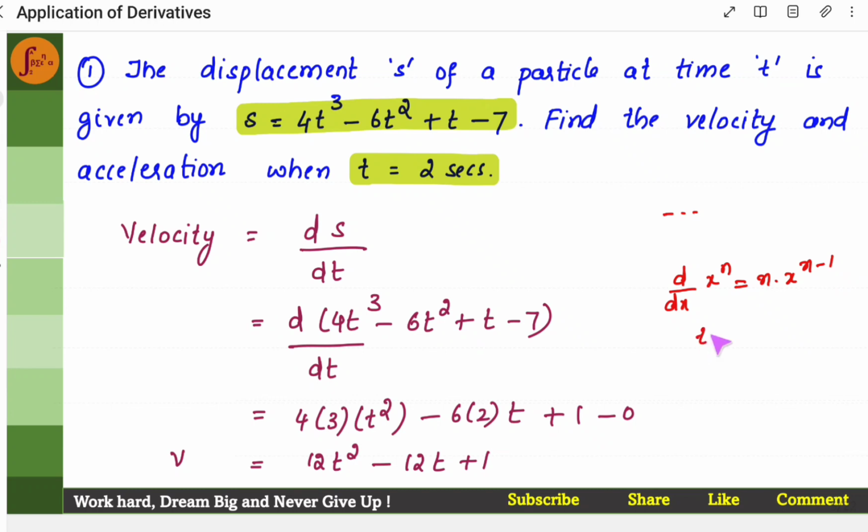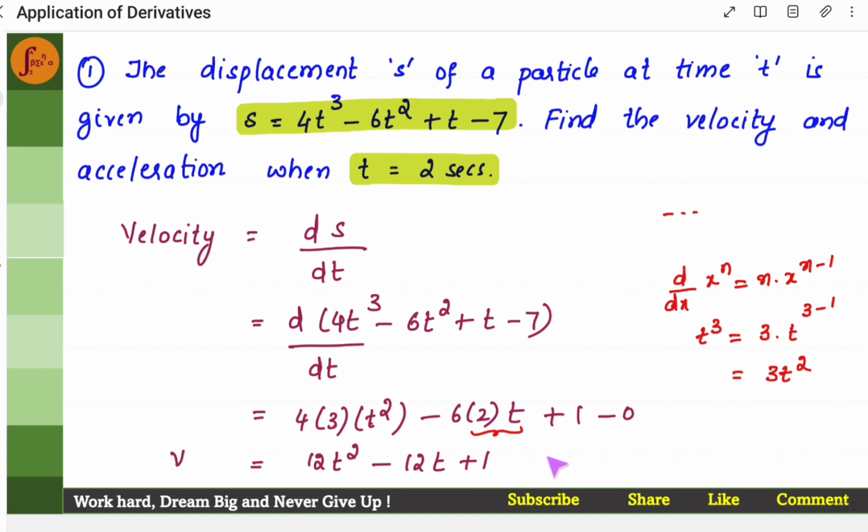So the derivative of t cube is 3 into t to the power 3 minus 1, which is 3t square. So that's what we have put here, 4 into 3 into t square. Similarly, the derivative of 6t square is 6 into 2t. Then the derivative of t is 1. The derivative of a constant or a number is 0.